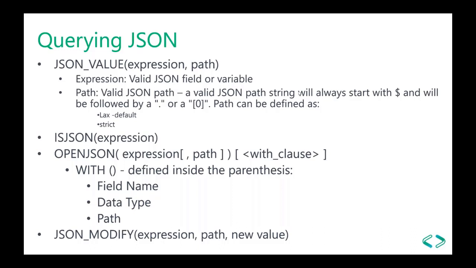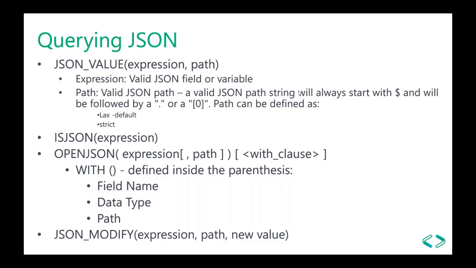Prior to 2019, it had to be an actual string that provided the path where you would find the value. Expression has to be in a valid JSON format. It can be a variable, it can be a field, but it has to be valid JSON.